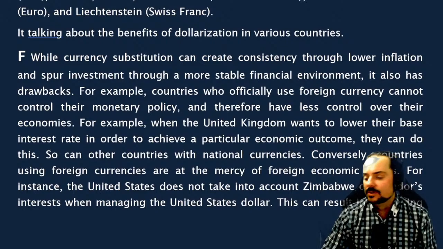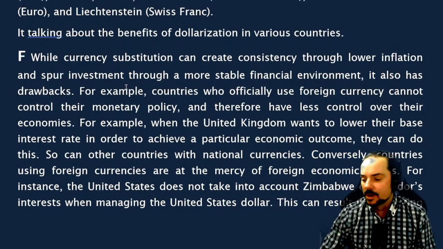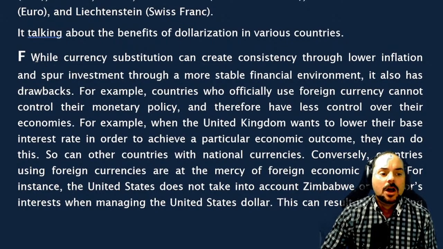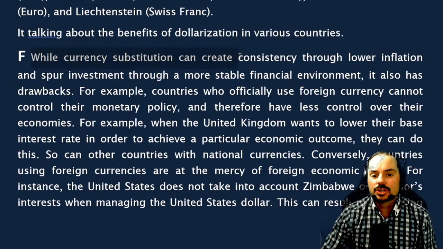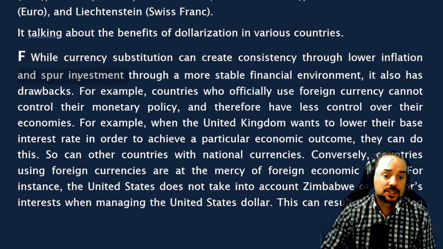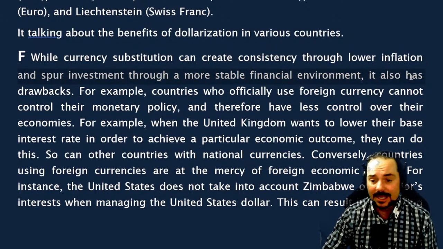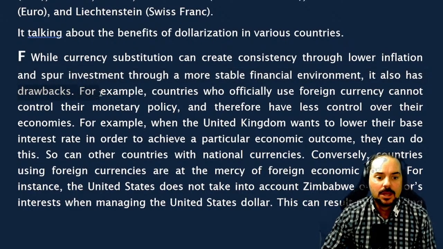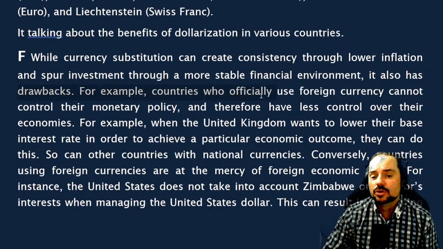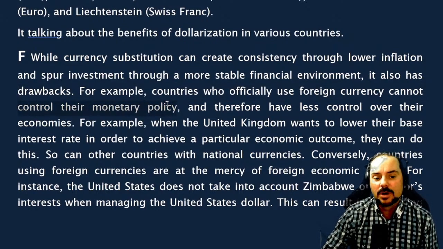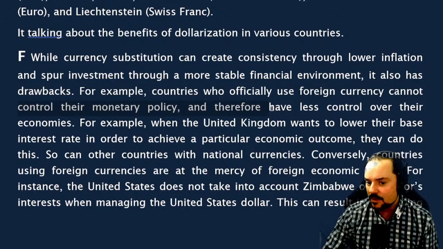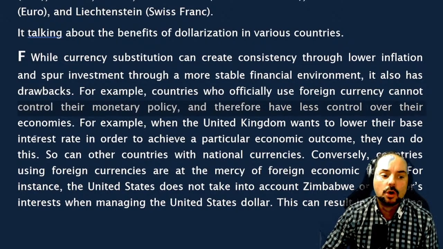Paragraph F. Just do this with me and then we're going to do it. Okay. So while currency substitution can create consistency through lower inflation and spur investment through a more stable financial environment, it also has drawbacks. For example, countries who officially use foreign currency cannot control their monetary policy and therefore have less control over their economies.